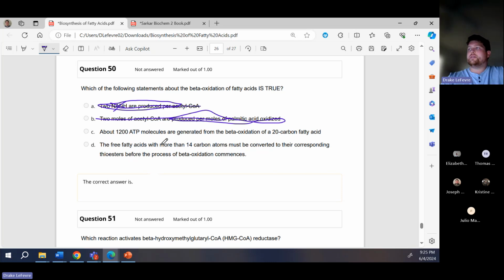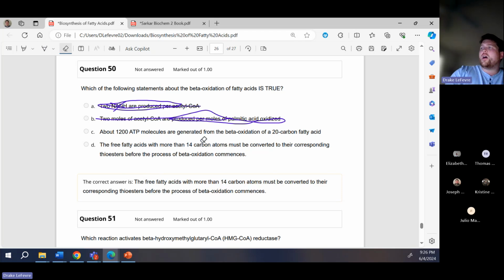The free fatty acids with more than 14 carbon atoms must be converted to their corresponding thioester before the process of beta oxidation commences. That is going to be our answer choice. Think back about the transport of those molecules.